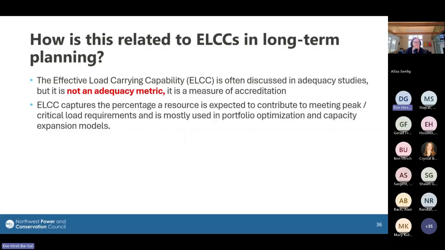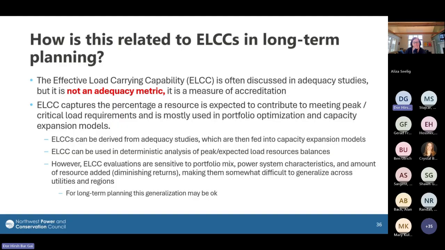This is where we often get asked about ELCCs and how are they incorporated in long-term planning? The short version is that ELCC is the effective load carrying capacity. It is not an adequacy metric. It is a measure of accreditation. It captures the percentage your resource is expected to contribute at times of need, and they are handy.